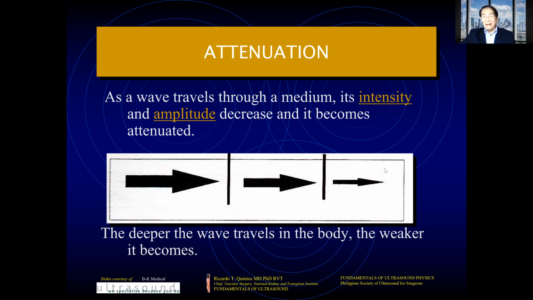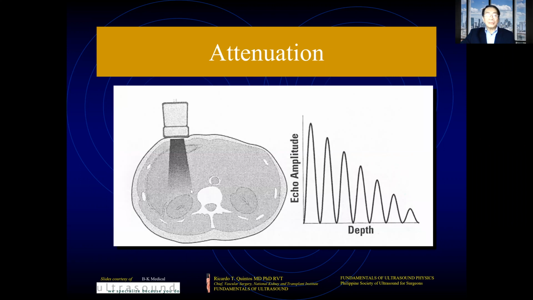And there is a measure of the attenuation of the waveform. So if you're doing ultrasound on deeper structures of the body, you will have to realize that as the ultrasound is transmitted by the transducer, there is a certain distance that it has to travel, and there is a second distance that the echo will need to travel in order for it to be detected by the transducer.